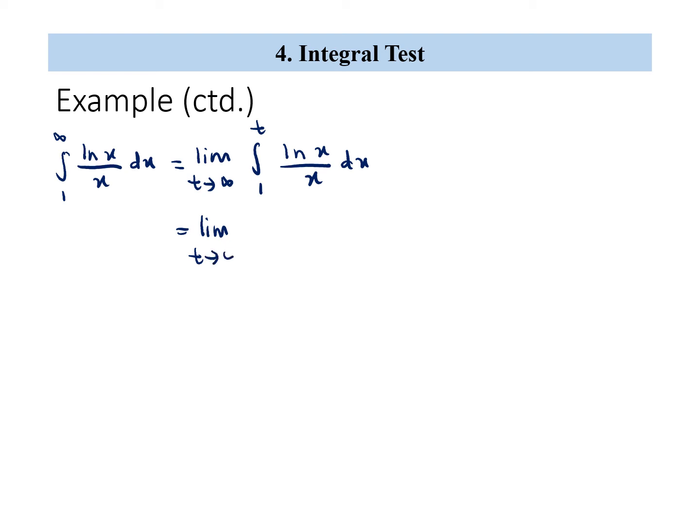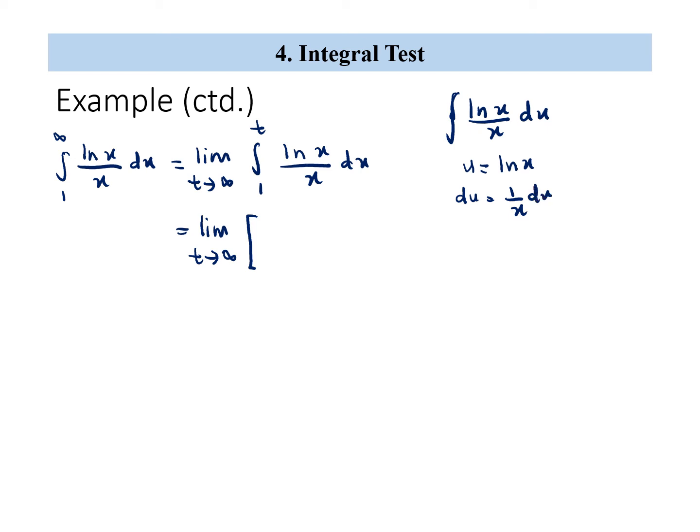Then we solve the integration of ln x over x dx by using integration by substitution, where we let u equal ln x and du will become 1 over x dx.